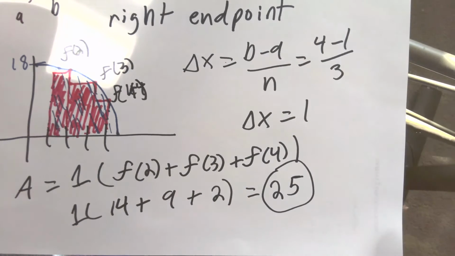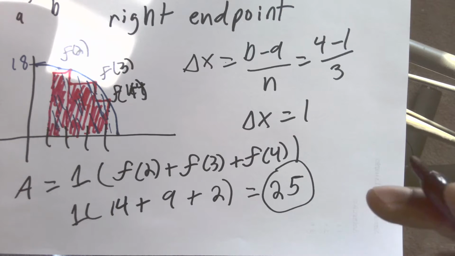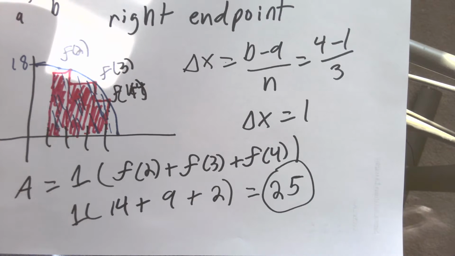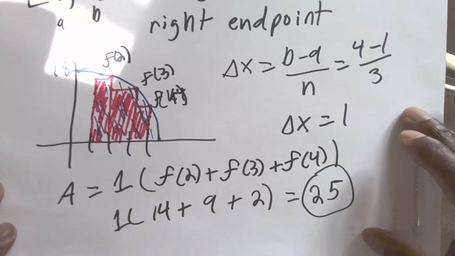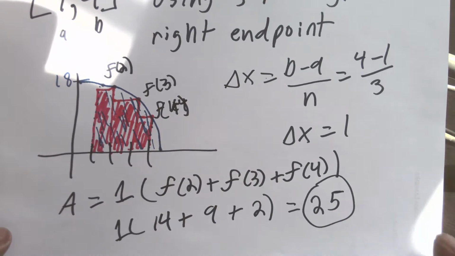I want to make a couple of comments about what we did and try to write it in a different way. For this illustration, I'm choosing to do a right Riemann sum, so that's going to be the basis of what I'm doing. But I can also do the same thing using a left Riemann sum.